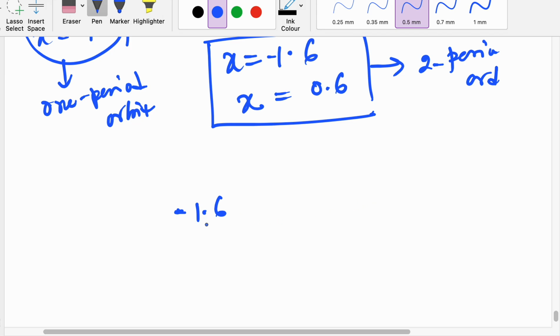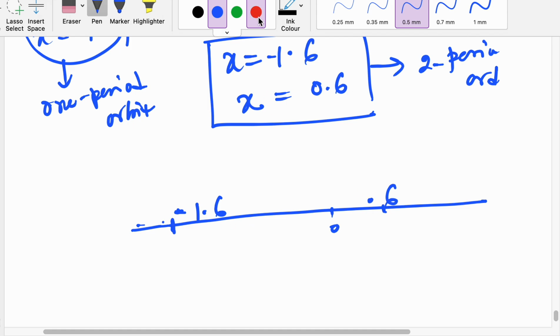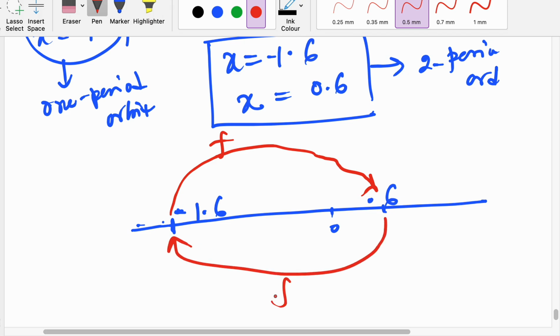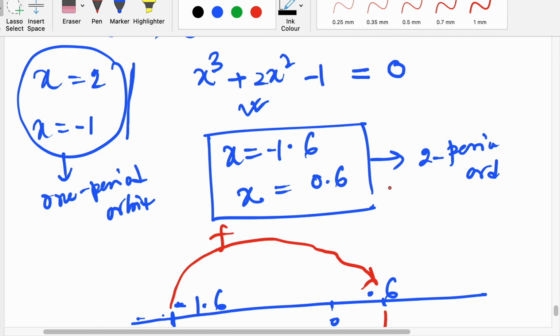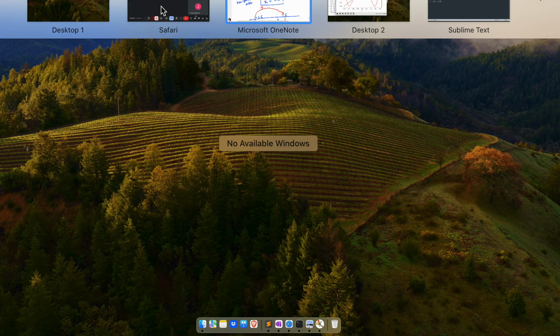If I draw minus 1.6 and 0.6 along the x-axis, suppose this is 0 somewhere, so this point is minus 1.6, this point is 0.6. Under the action f, minus 1.6 will go to here, and under the action f, 0.6 will go to minus 1.6. So that's why it is a two period orbit. Is it clear, Subhusaji?